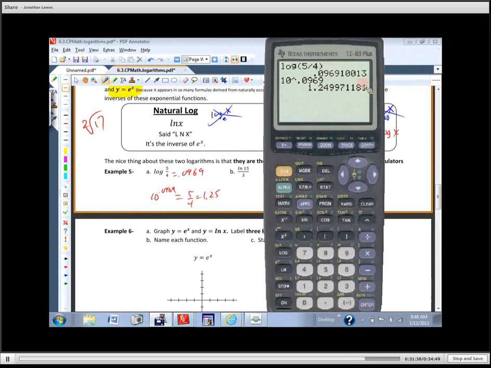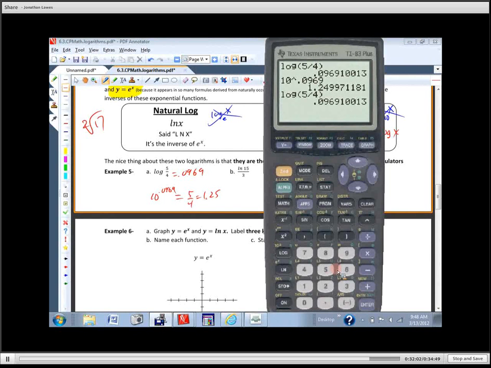I think I showed you this before when we worked on some of these calculator skills. I'm going to recall log of 5/4. Everybody watch, please. Let me flip this off for just a second so you can see these.